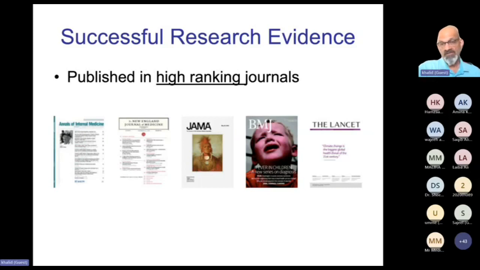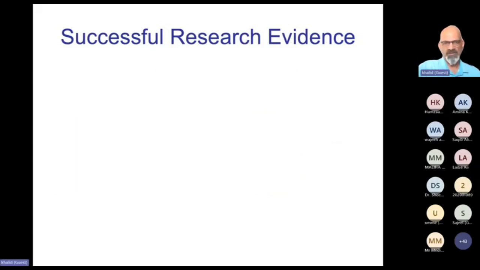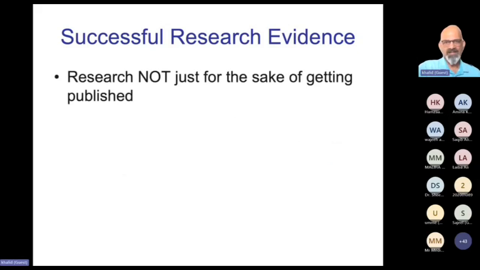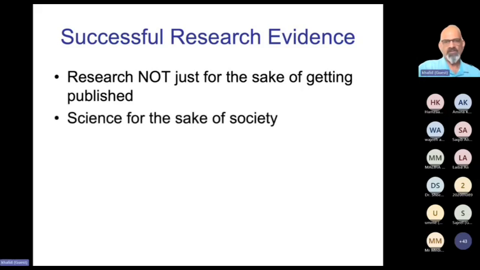Then your professors tell you that you should try to publish in international journals, not just in Pakistani journals, and then those in more advanced levels of academia would say, well, you need to be publishing in high-ranking journals with higher impact factors. But the reality is that research is not just for the sake of getting published. Research is for the sake of benefiting society.